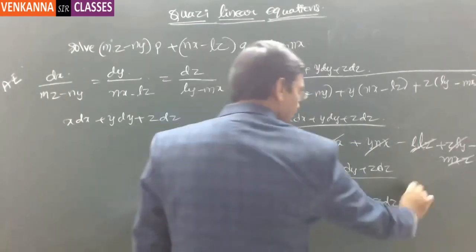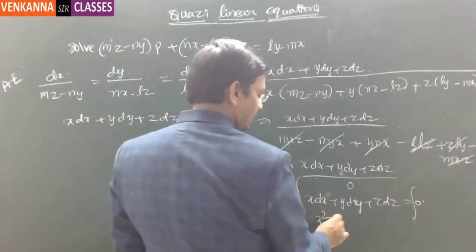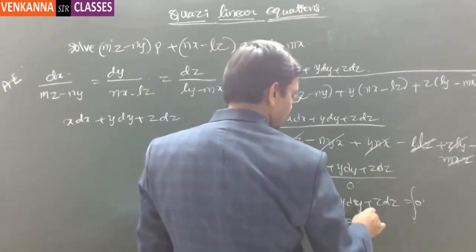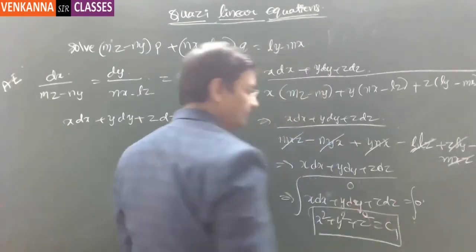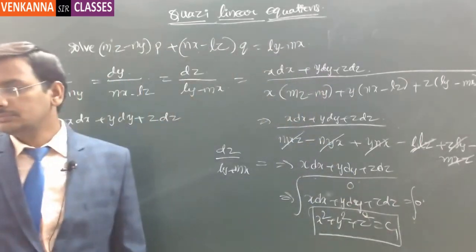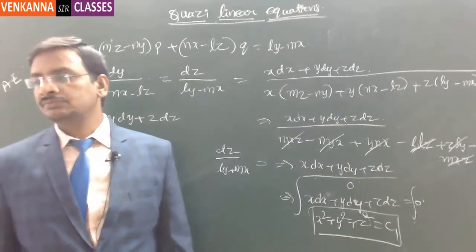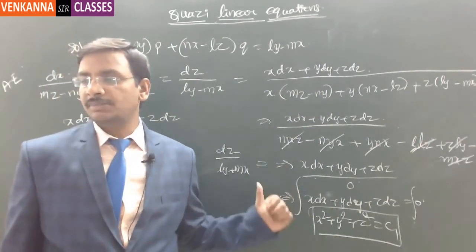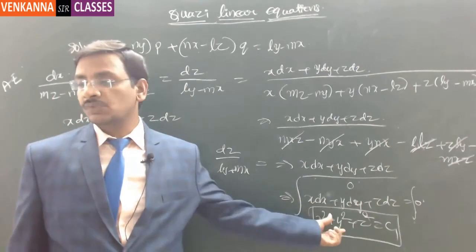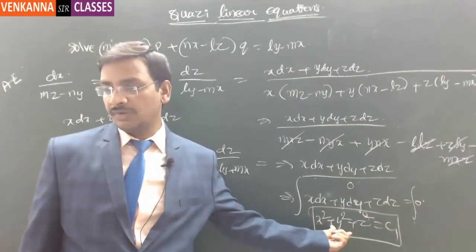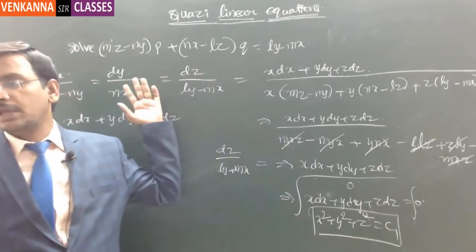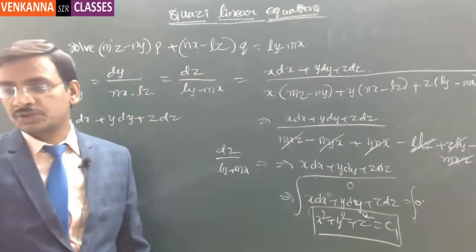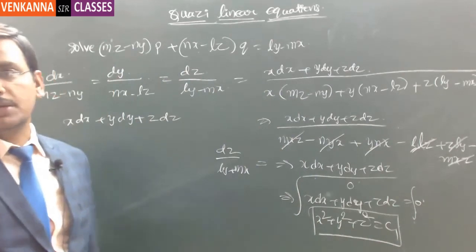Now if you integrate on either side, this is going to be x square plus y square plus z square is equal to some constant c1. Got it? Understood? So this is a method. This is one of the arbitrary functions we have identified. Now, can you identify one more such ratio where you can make the denominator 0?